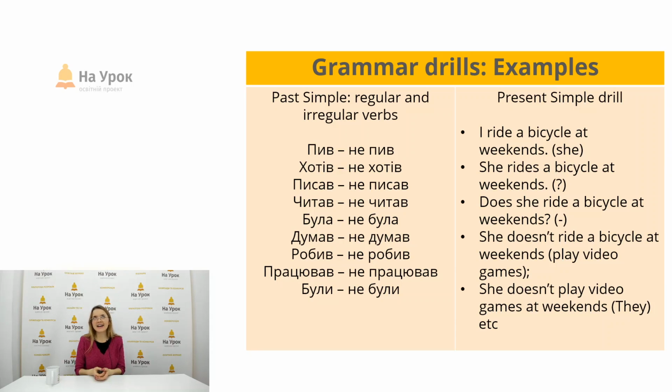And then they remember that it actually was and wasn't. And then they become more alert. And then you go again with думав, не думав, робив, не робив. So regular, irregular. And then again at some point, були, не були. And it's also were and weren't. So it keeps them alert and it has to be fast.